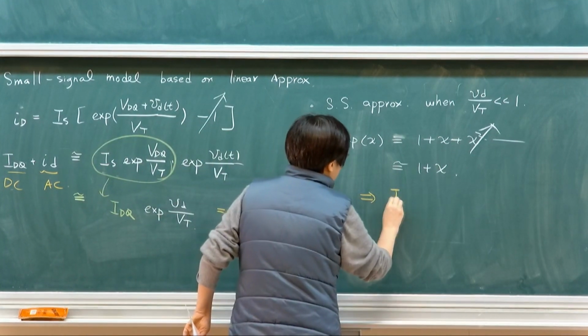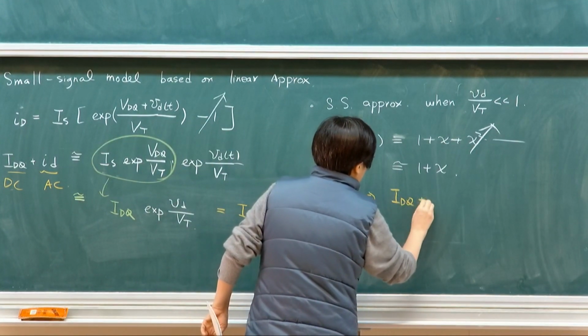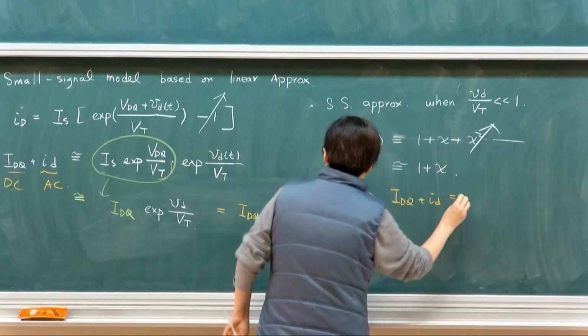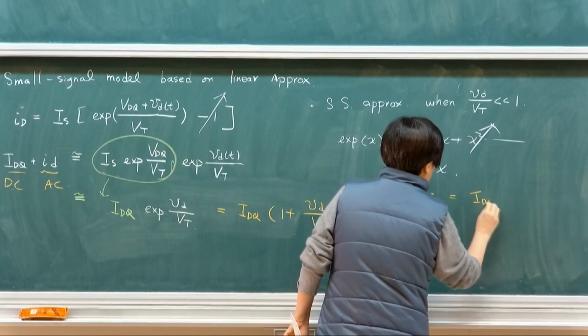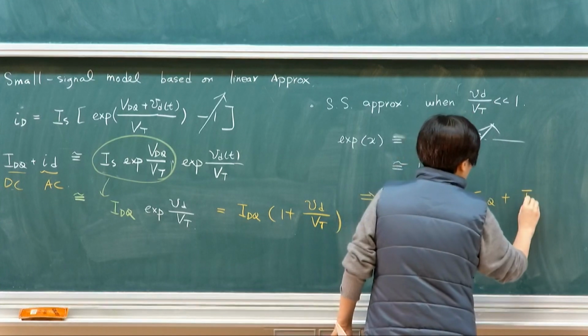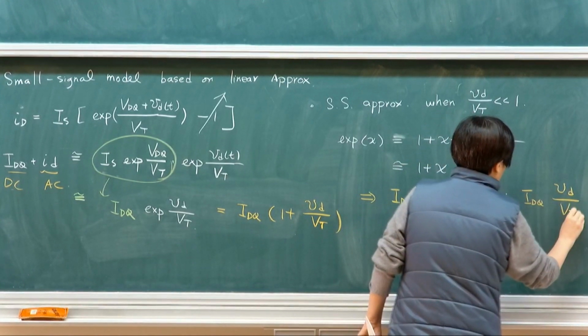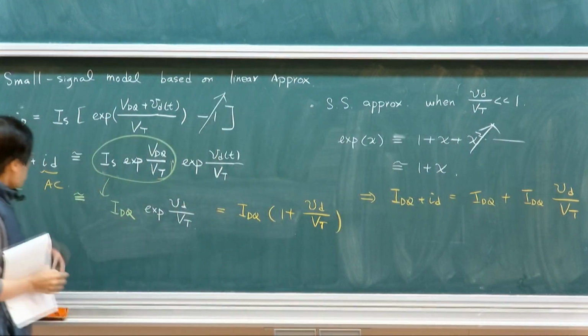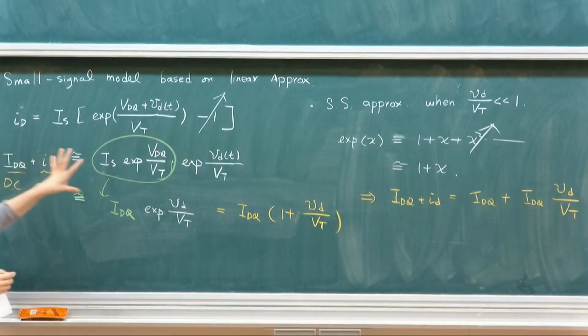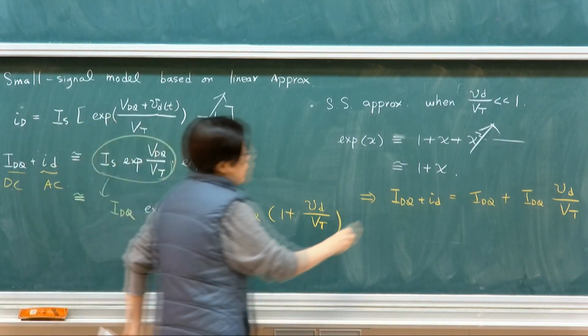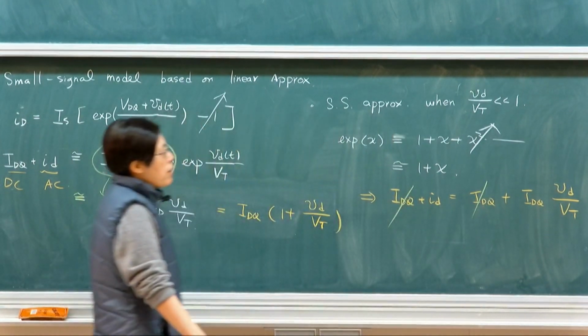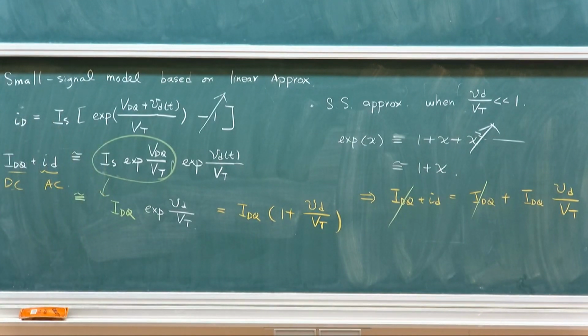I will arrive at IDQ plus ID equals IDQ plus IDQ times VD over VT. I'm simply rewriting the left-hand side and right-hand side. I can get rid of the IDQ, because I already know they're all biasing at the same IDQ.